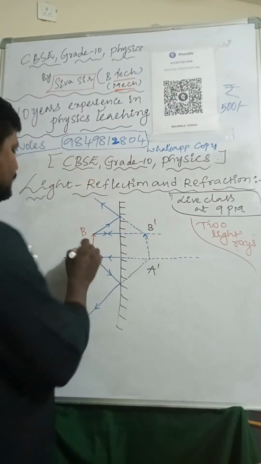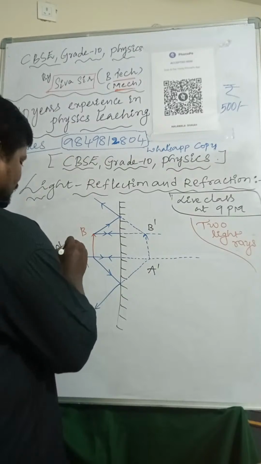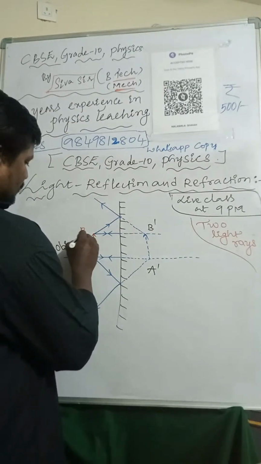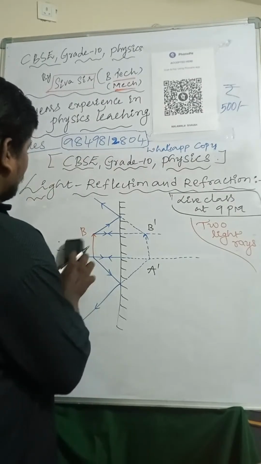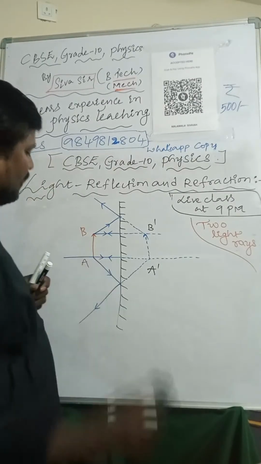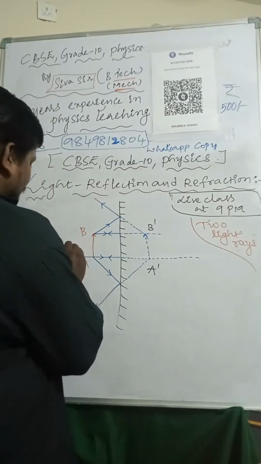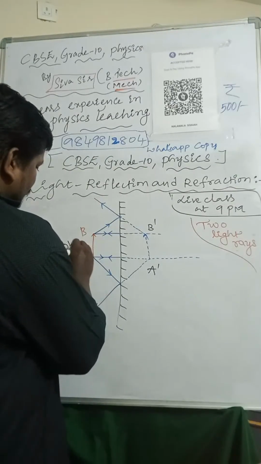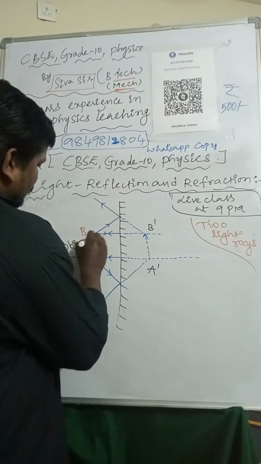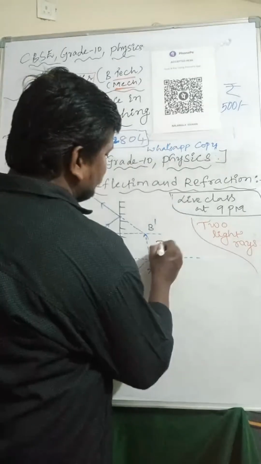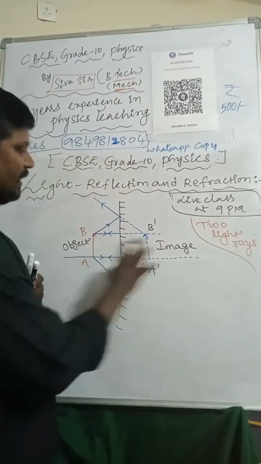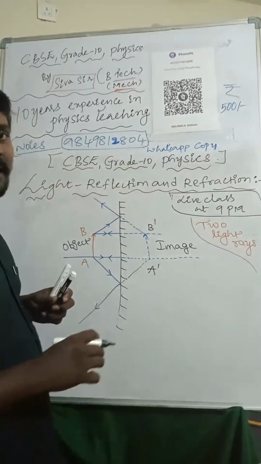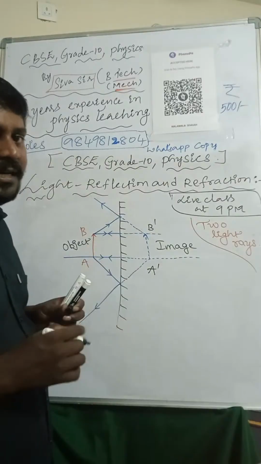AB is the object. This is the object I am taking, and this is the image. Object and image. So I said how many light rays are required? 2 light rays are required.